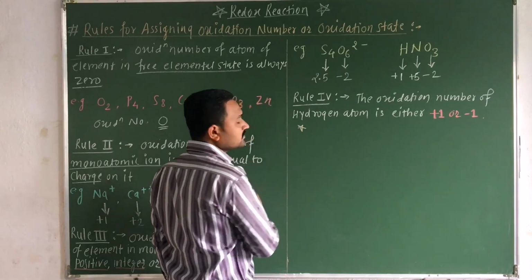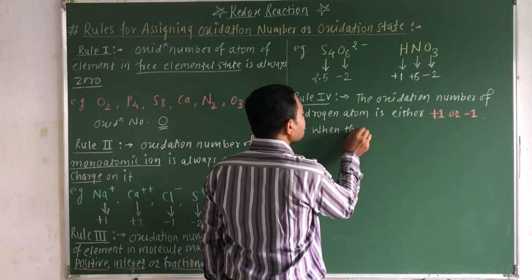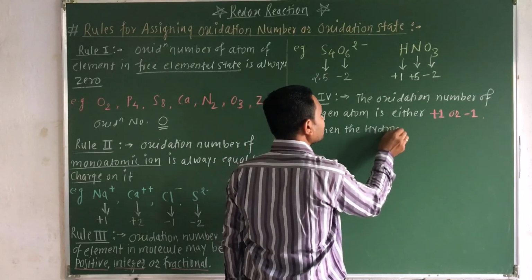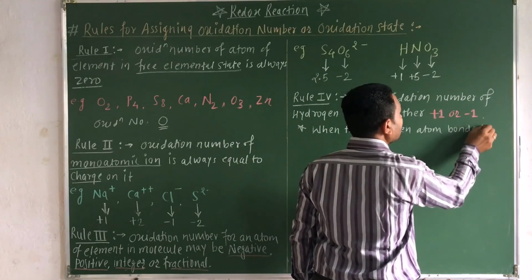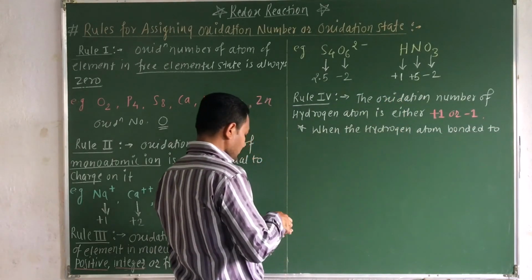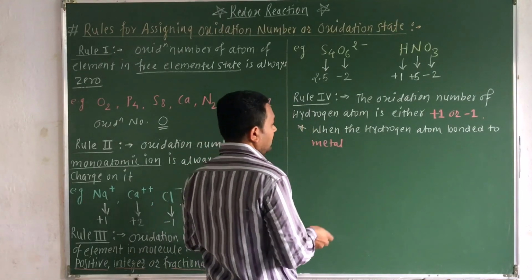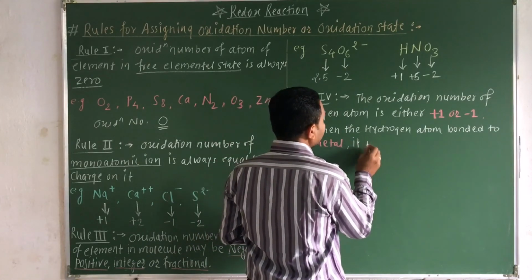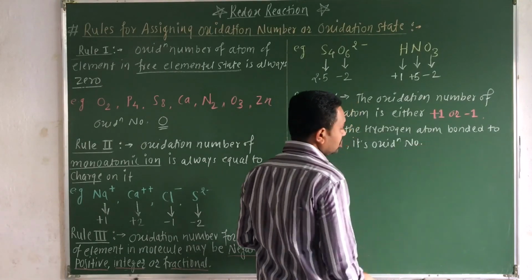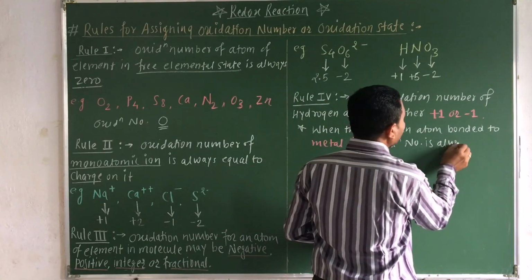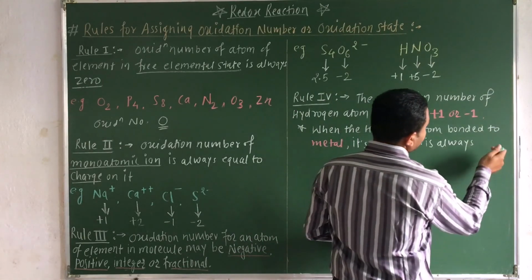Okay, now remember, when the hydrogen atom is bonded to metal, its oxidation number is always -1.